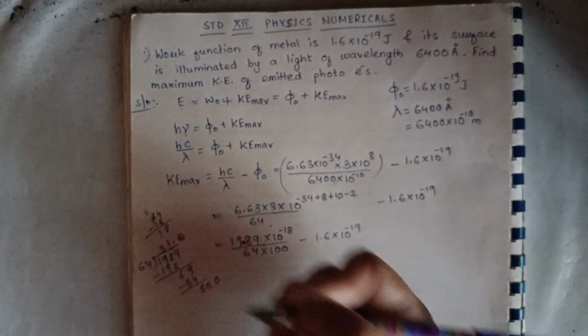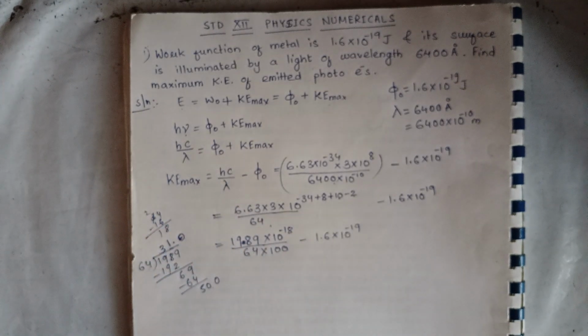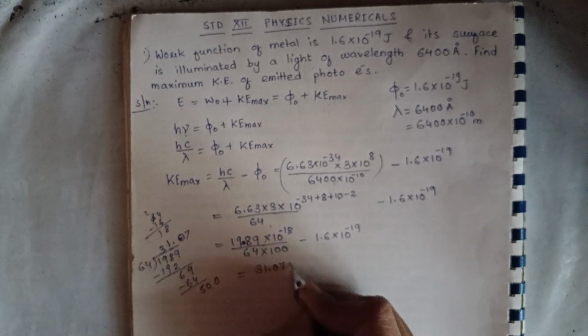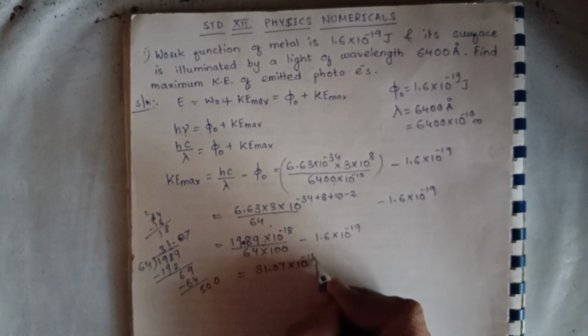So 500 discloses 7s are. So 31.07 into 10 raised to minus 18.